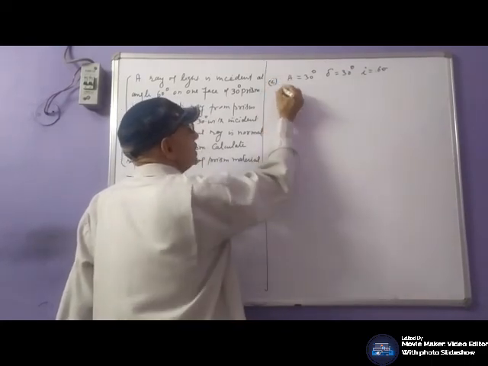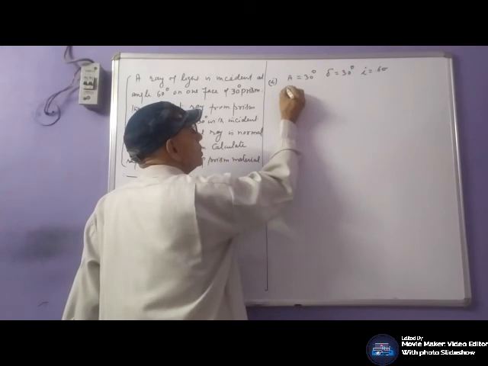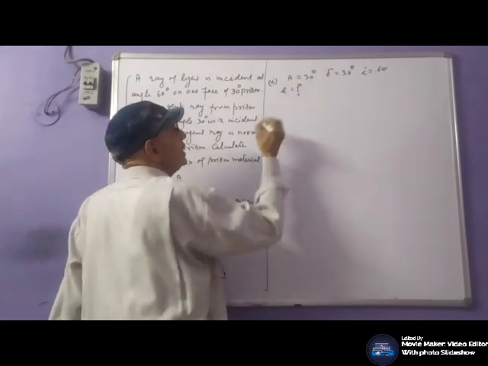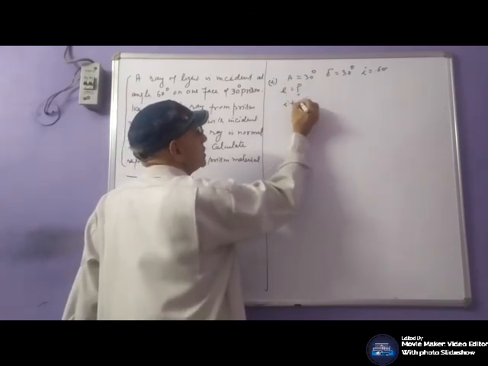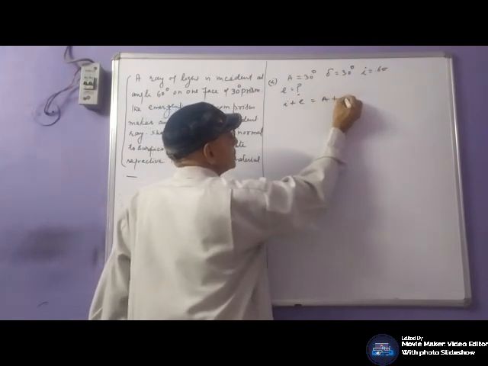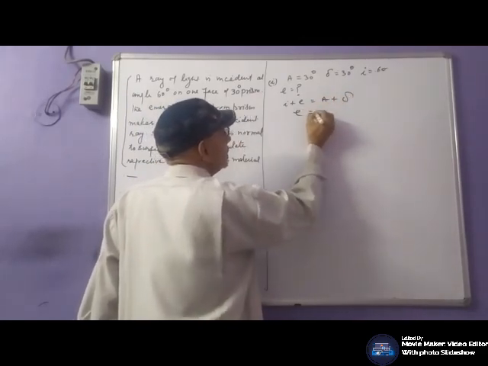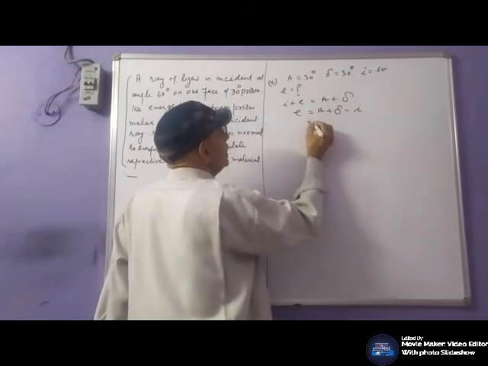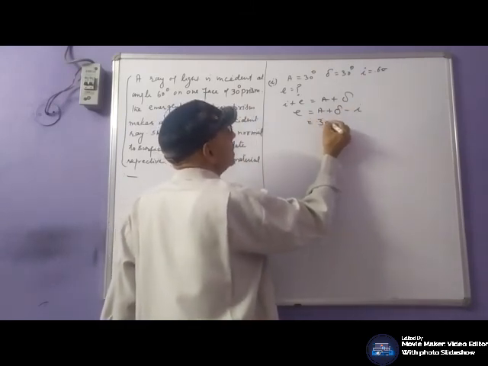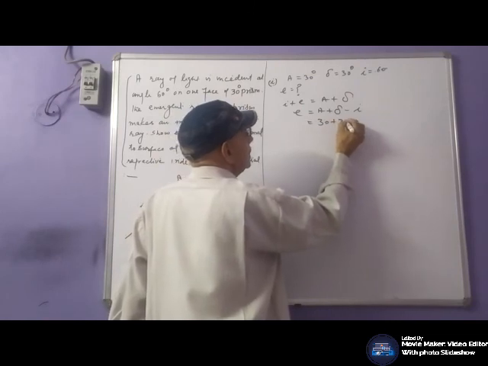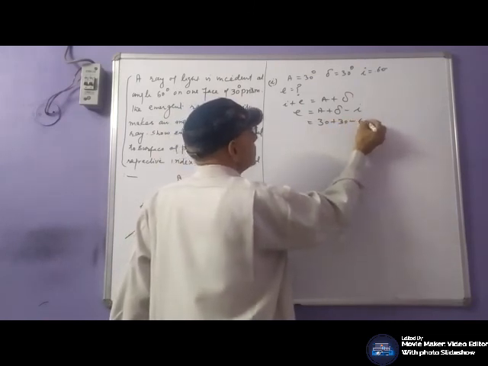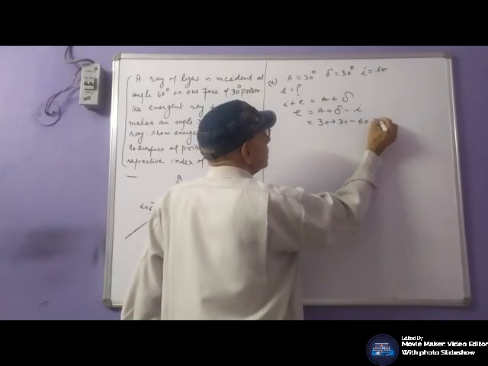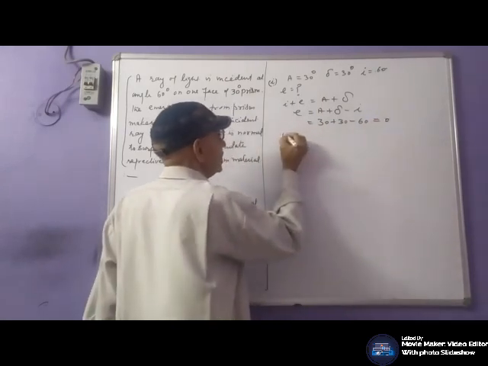First case is find E. I plus E is A plus delta, E is A plus delta minus I. A is 30, delta 30, I 60, it is 0.